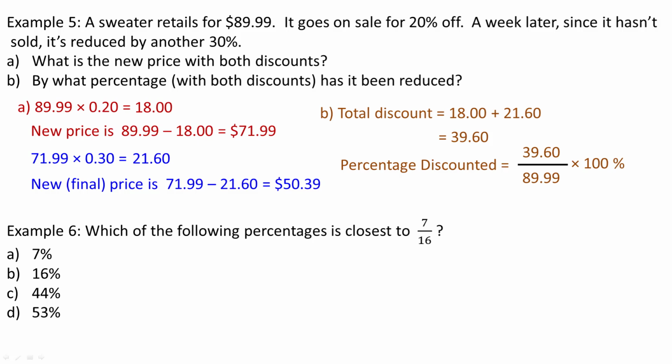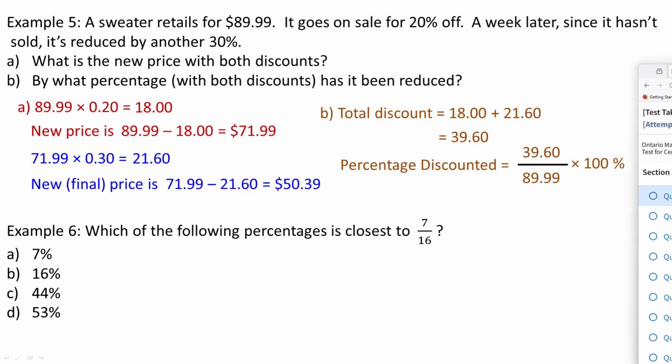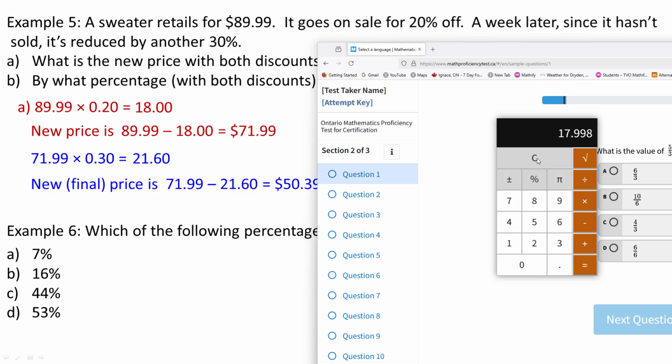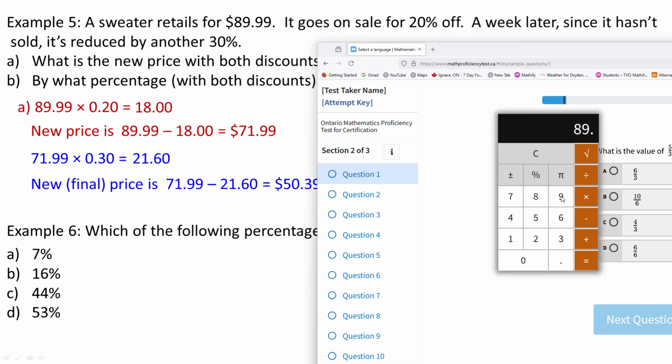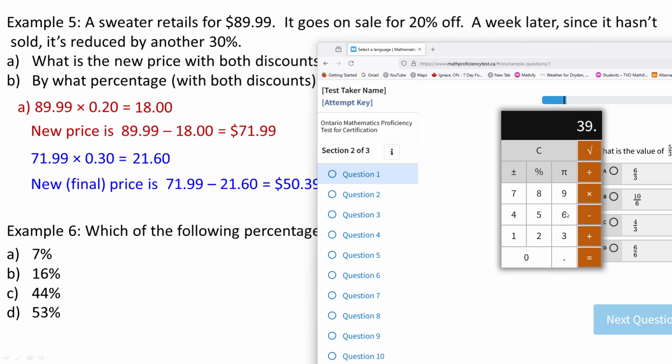If you do that, it's 39.60 divided by 89.99. I think I punched that in wrong, I think I did 36.90.